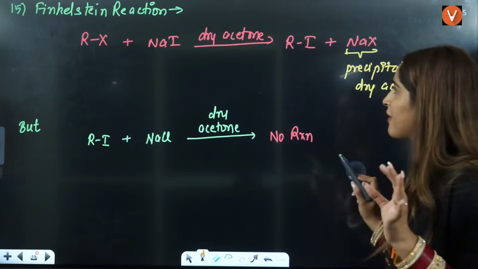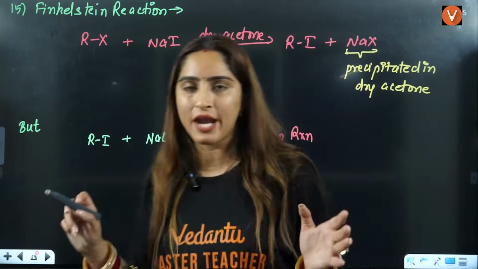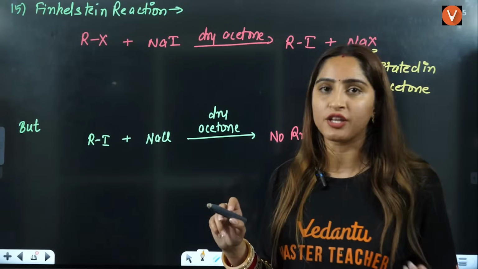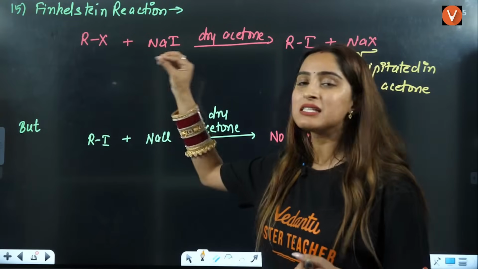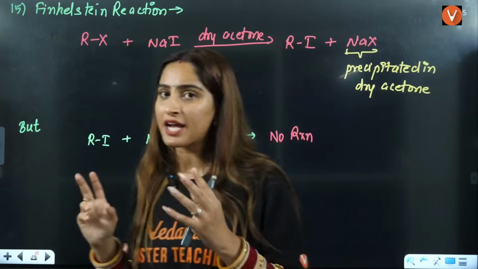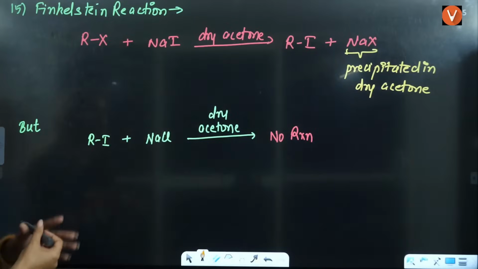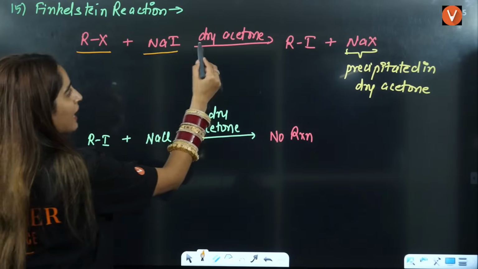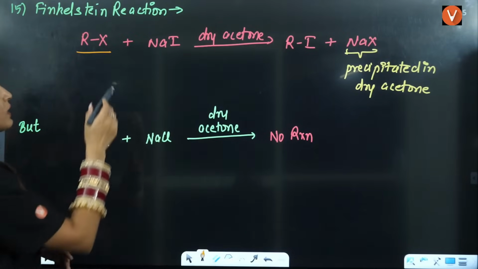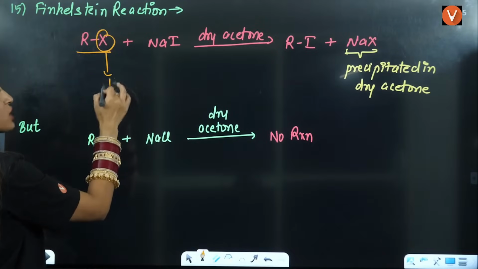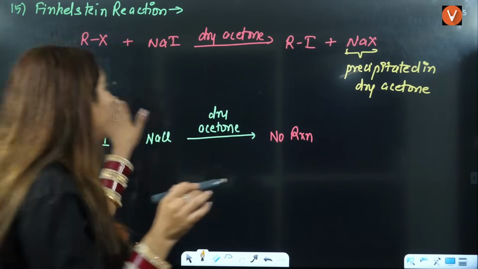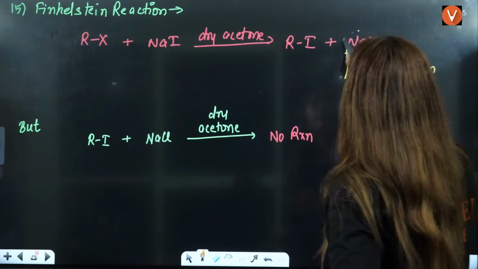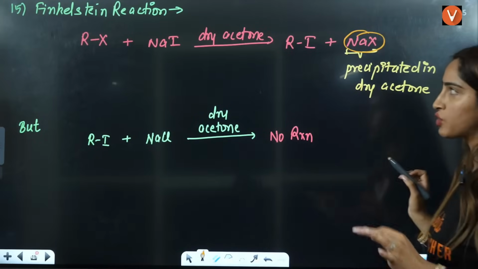Next is Finkelstein and Swarts reaction. So these are halogen exchange reactions, okay? In Finkelstein reaction and Swarts reaction, we change the halogen. So what exactly do we do? You have RX, you add NaI and dry acetone. So what will happen? This X will be exchanged by I here, and you will have the formation of RI along with the precipitation of NaX in dry acetone.